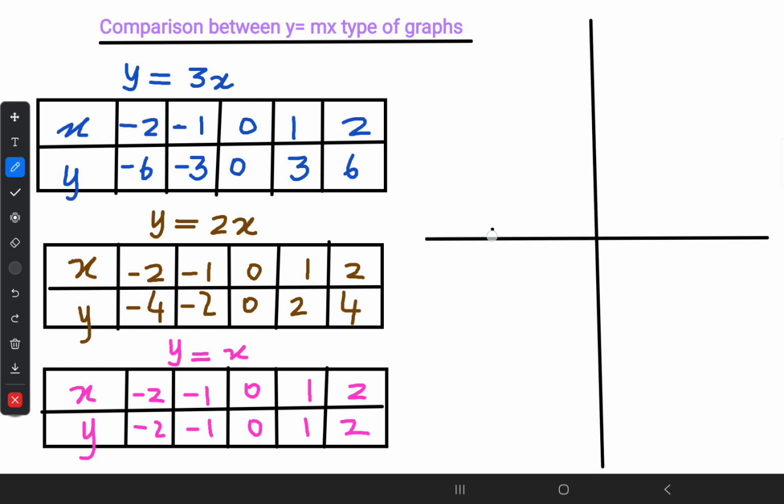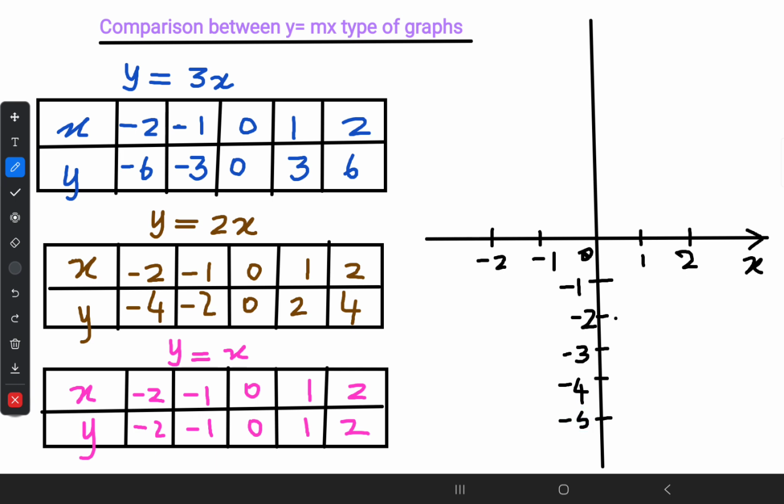So here on the x-axis, we need negative 2, negative 1, 0, 1, 2. Okay, that is enough. This is our x-axis. On the y-axis, negative 1, negative 2, negative 3, negative 4, negative 5.